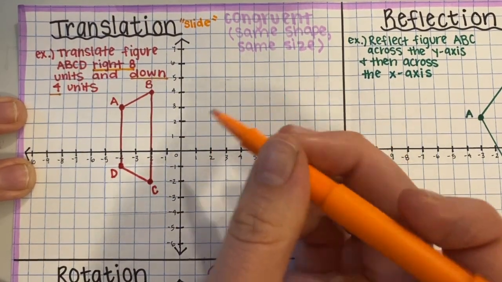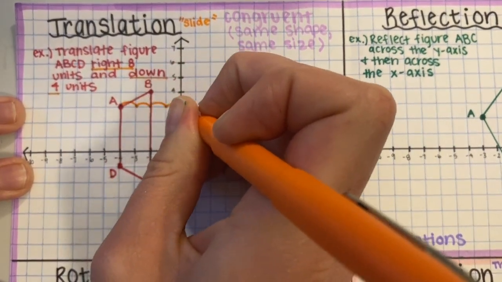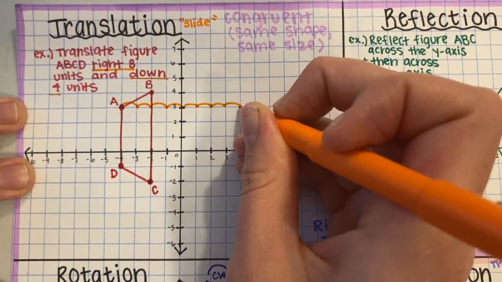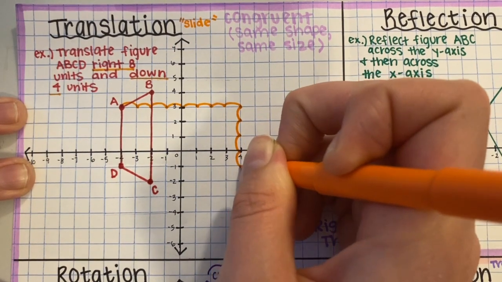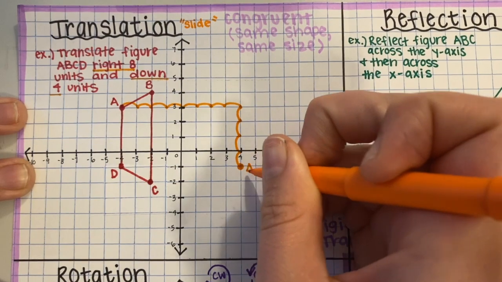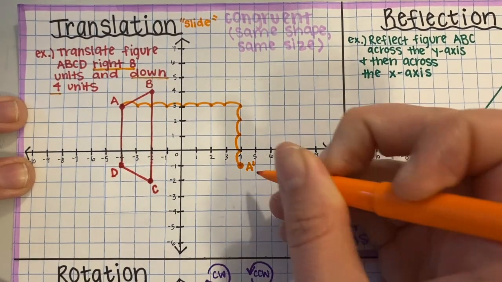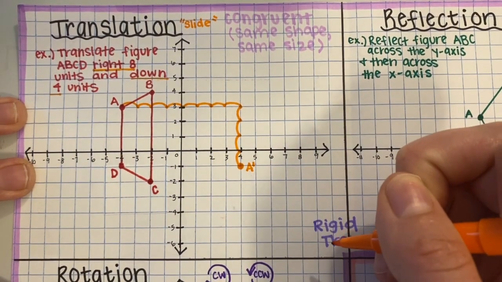So I'm going to start with A, and I'm going to go 8 to the right and 4 down. And I'm going to put a point. That is going to be my new point for A. So we're going to call it A prime. That's what that little 1 is up there.